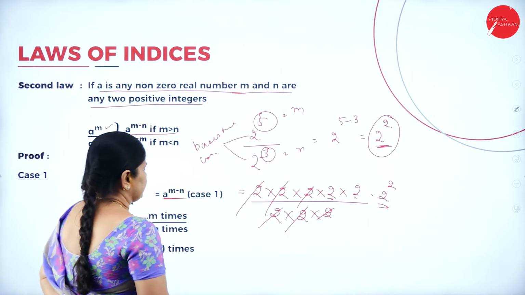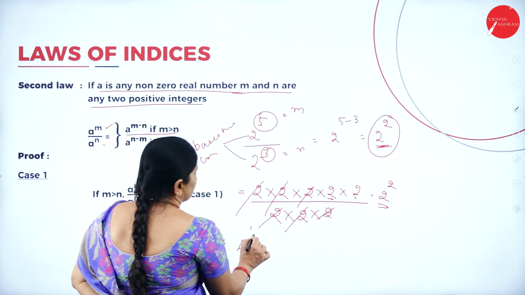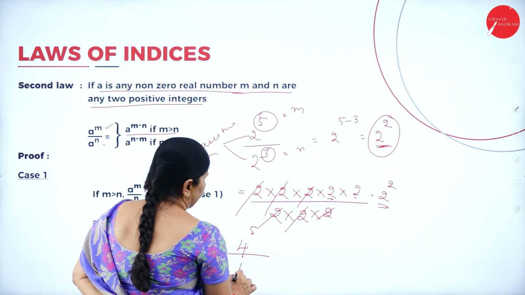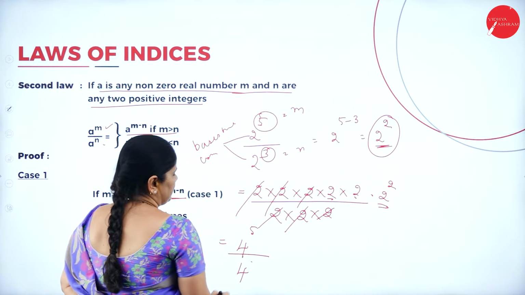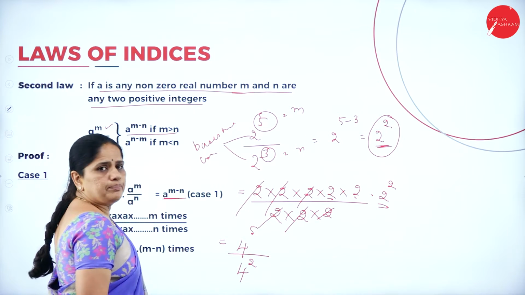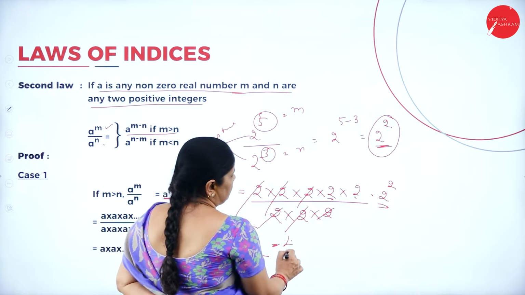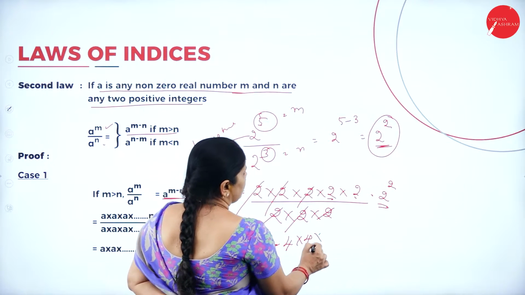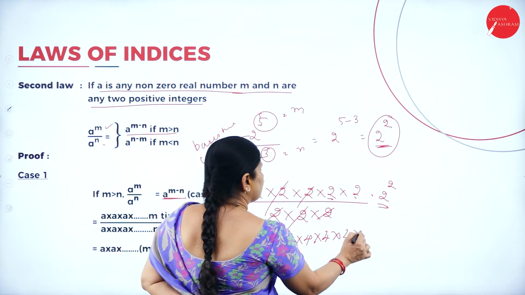For example, one more example. I'll write 4 to the power of 5 divided by 4 to the power 2. Now what will I write? 4 to the power of 5 means 4 into 4 into 4 into 4 into 4.